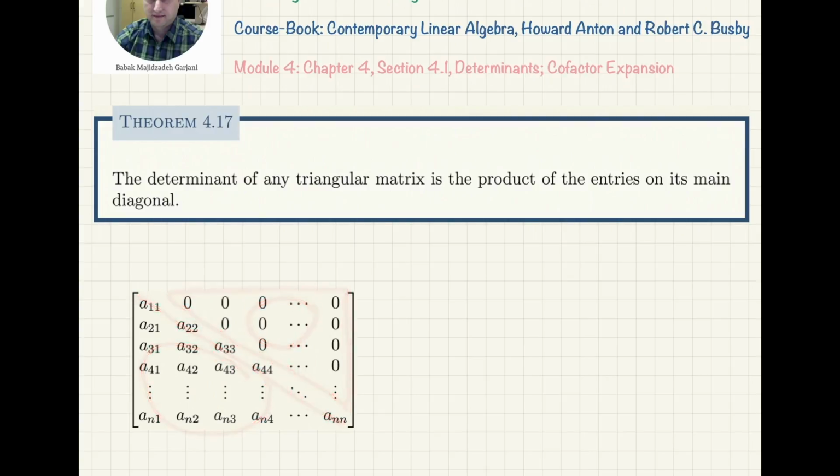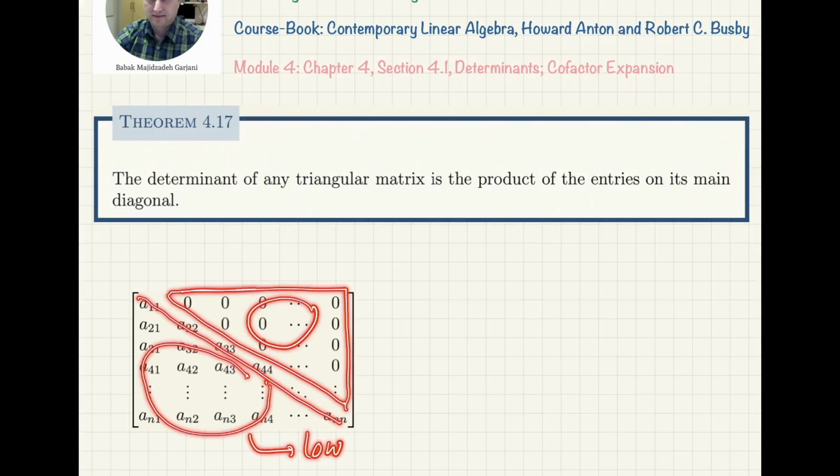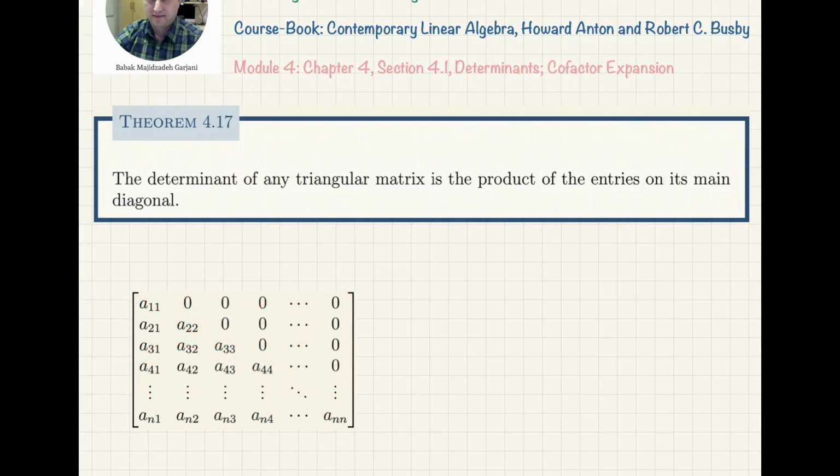So if I put a big 0 here, it means that the possible non-zero numbers are all below this. So this is called a lower triangular matrix. It might happen that I have this bunch of zeros below the diagonal, and the non-zero entries are possibly above, then it becomes an upper triangular matrix. But it doesn't matter if it is a lower or an upper triangular matrix.